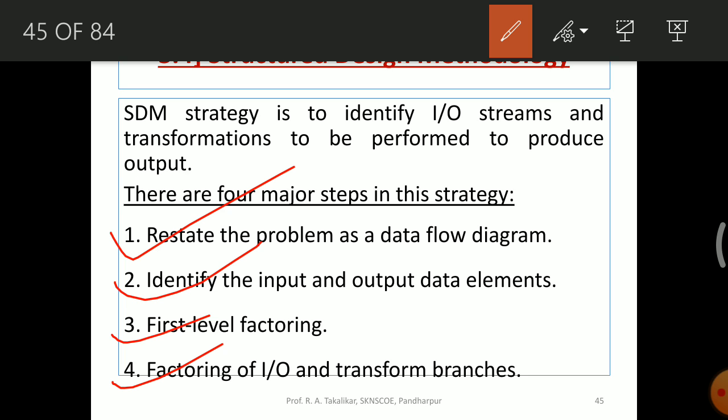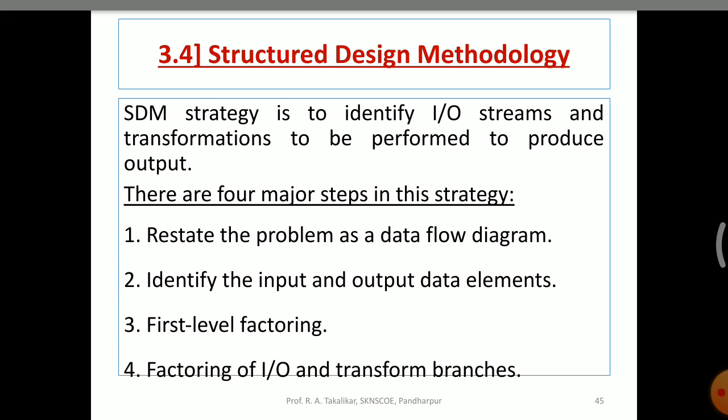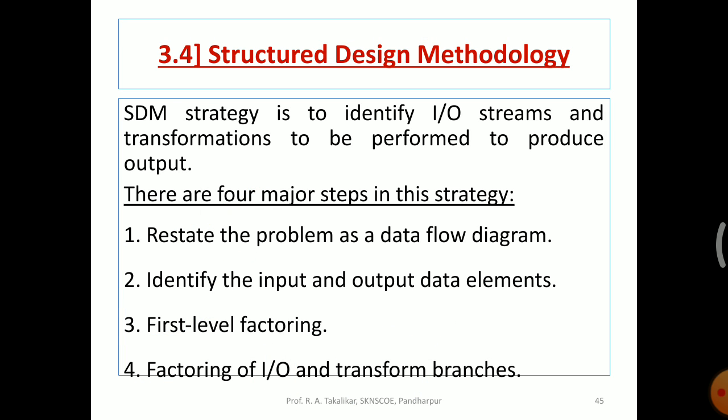And the fourth step is to repeat the factoring process on the input, output and transform modules if possible, until the module cannot be decomposed anymore. Till then go on decomposing it.